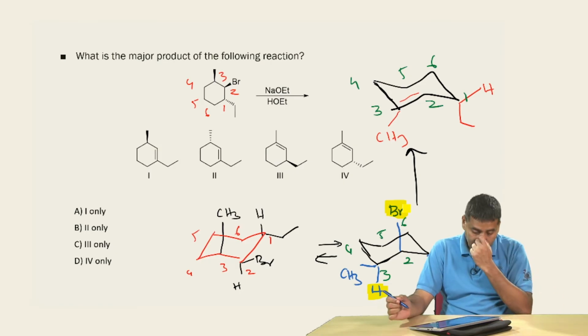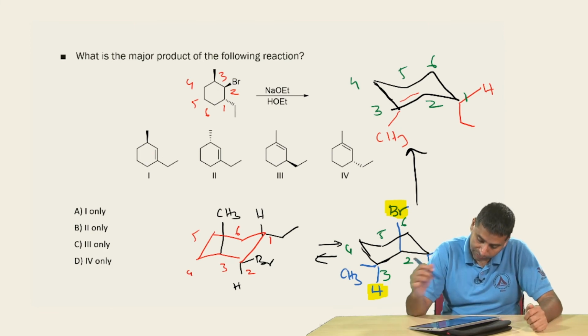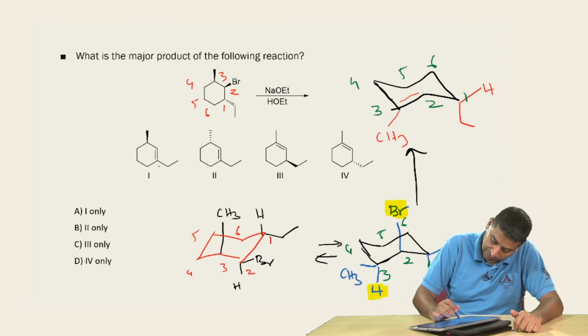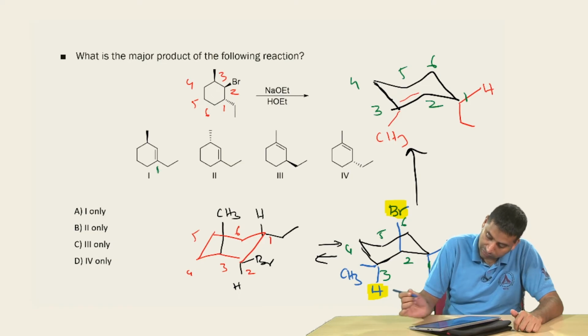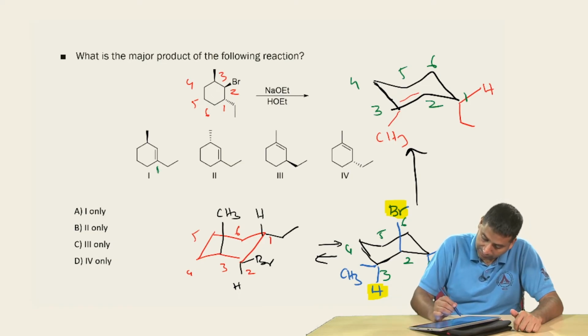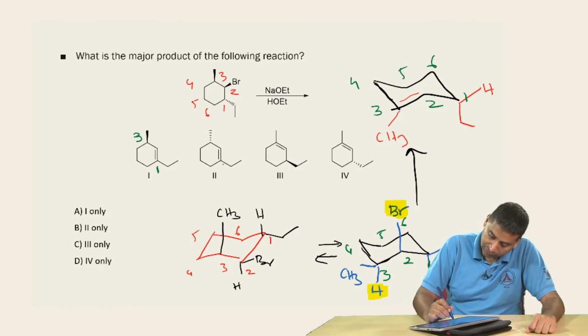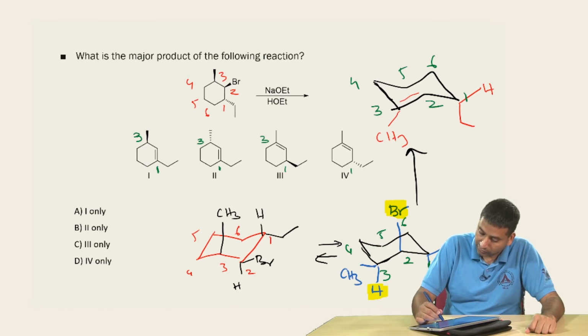So, now let me sort of draw out the numbering over here. So, we will have the ethyl group in 1, that is carbon 1, and then we have the methyl group in carbon 3. So, this looks like it is not the product. Now, let us do the same thing over here. This is 1 and this is 3, this is 1, this is 3, this is 1, this is 3.